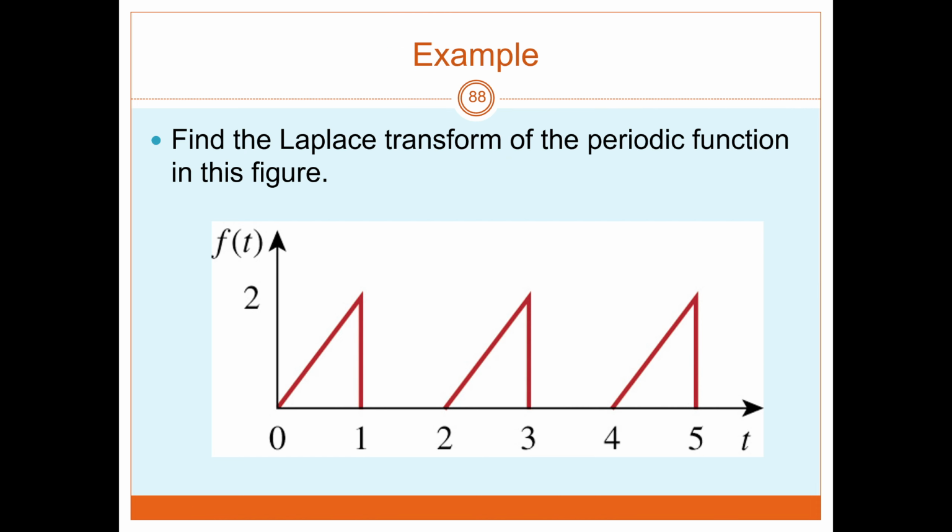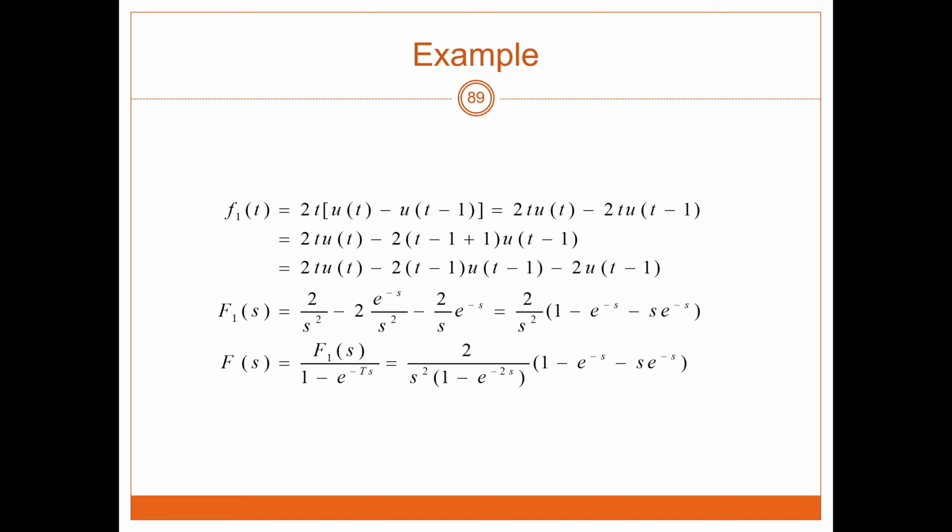All right, so for this example, again it repeats until here. So what is this function? You find it using y equals mx plus c. So this is t. Let me just redraw the function here. This is t, but it exists from u(t) minus u(t minus 1).